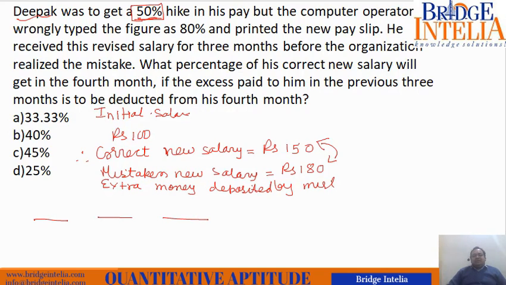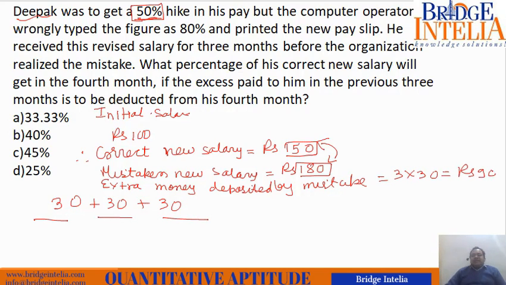It is not his mistake, so let's not blame him. He was supposed to get 150, but he started to get rupees 180. That means 30 extra. So 30 plus 30 plus 30, 3 into 30. So total 90 rupees extra got deposited in his account.